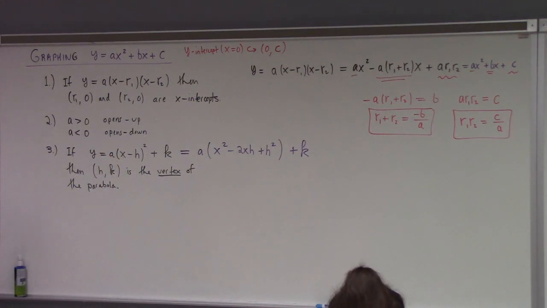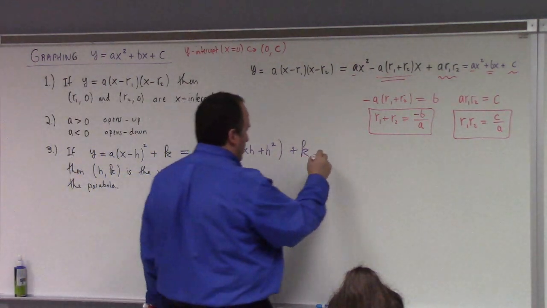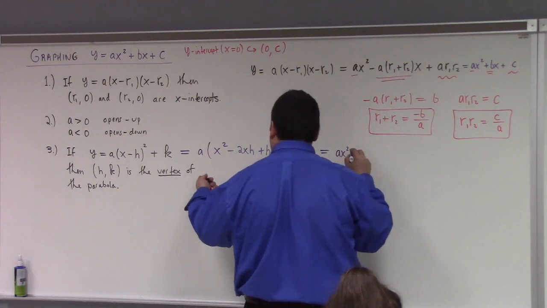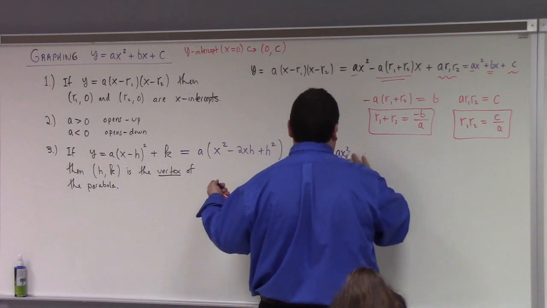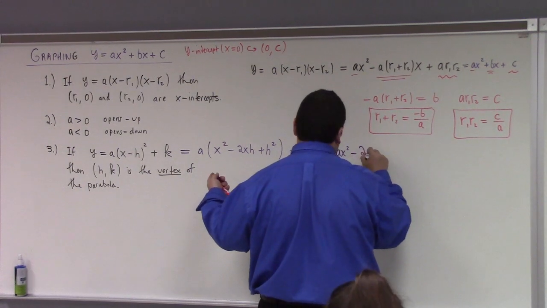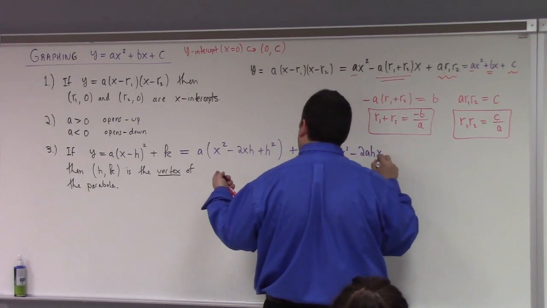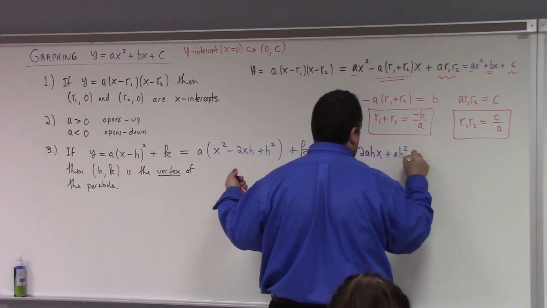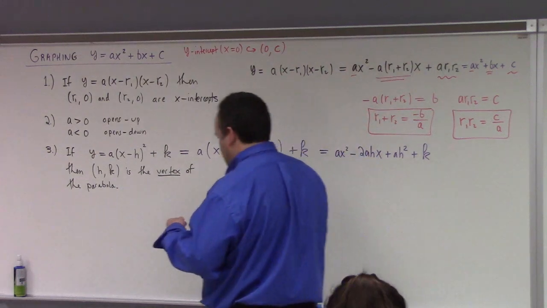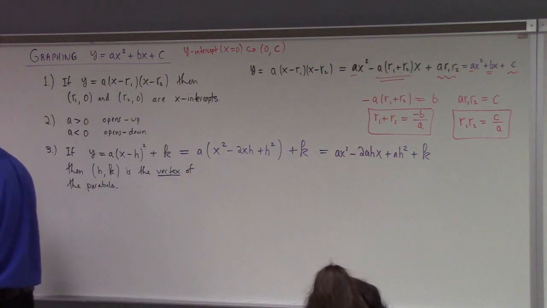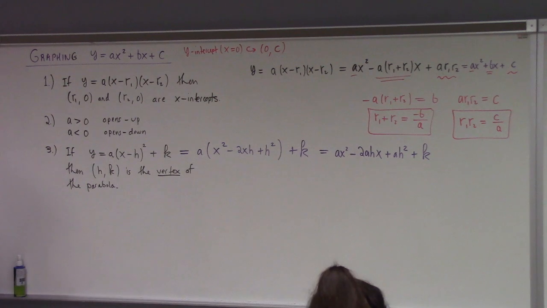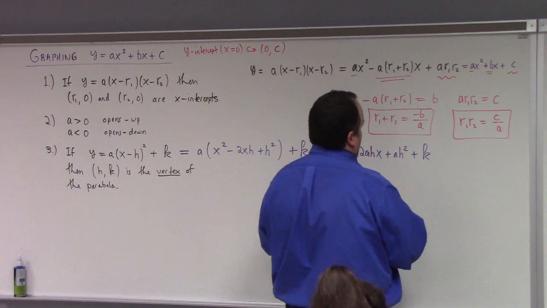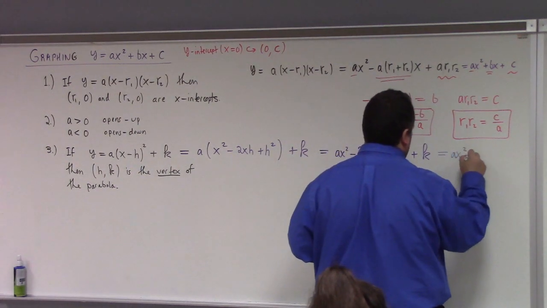Now let's put things together, let's collect things. So what we're looking at here is ax squared. What's my coefficient for x? Well, I've got minus 2ah x plus h squared plus k. Again, that has to be equal to ax squared plus bx plus c, right?